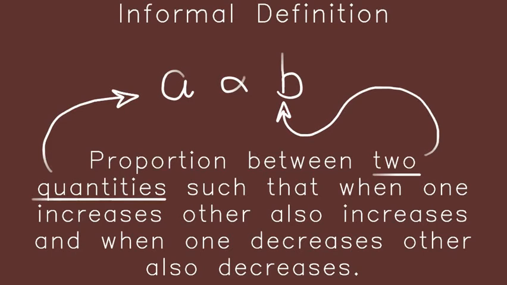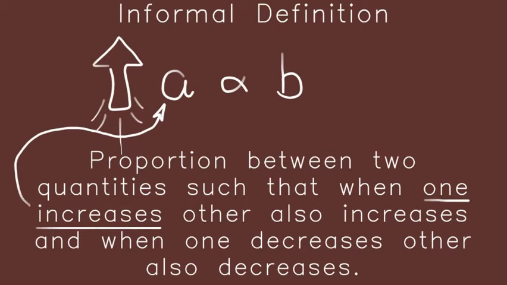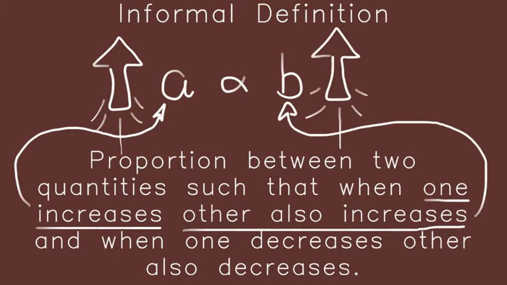First of all, we have the two quantities, namely a and b, and this relationship is basically direct proportion. The main thing is that when one quantity increases, for example let's say quantity a increases, the other quantity also increases.